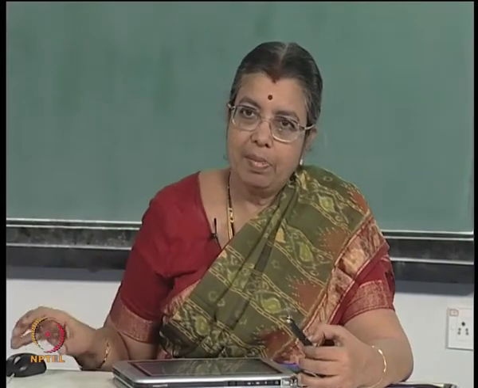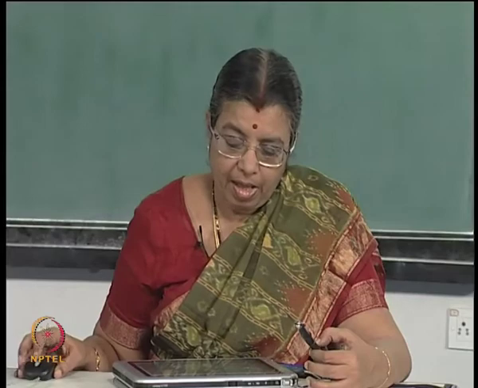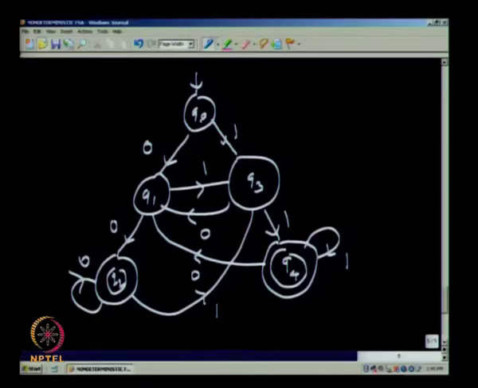Now, what sort of language will be accepted by this deterministic FSA? You can see that starting from here, if you get 2 zeros, it will be accepted. If you get more zeros also, it will be accepted, right. So, anything ending with 2 zeros will be accepted. If you get a 1 here, again you go back here, and if you get one more 1, it can be accepted.